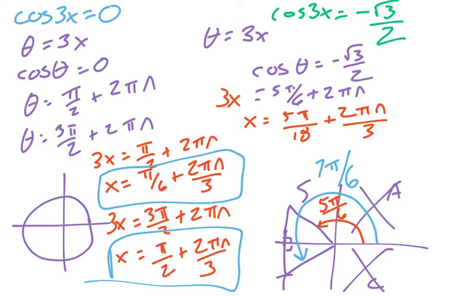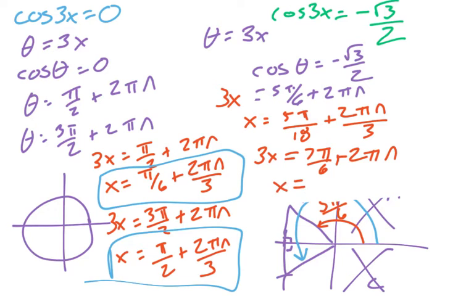I'm running out of room, so I'm going to erase this. The other one was 7 pi over 6. So 3x equals 7 pi over 6 plus 2 pi n. So then x would be divided by 3. You get 7 pi over 18, plus 2 pi n over 3.